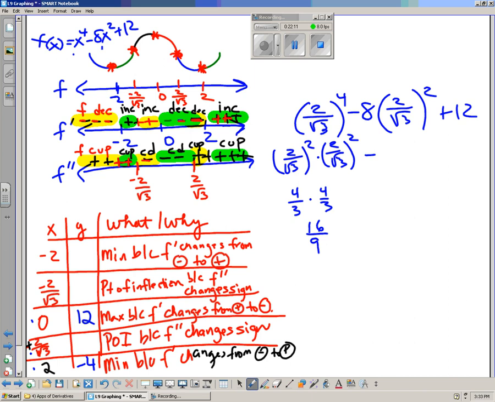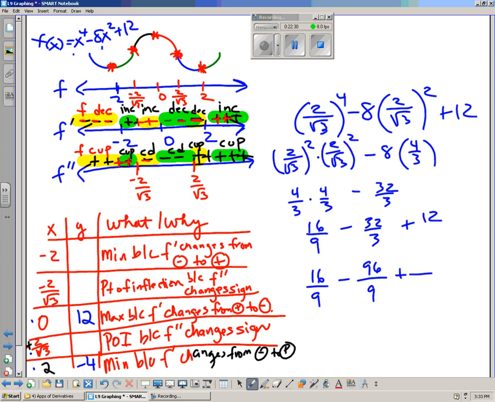2 over root 3 squared, we just did, is 4 over 3. So now we get minus 8 times 4 over 3, which is 32 over 3, plus 12. If I want to make this into one fraction, I would like my denominator to be ninths. So I'll multiply 32 times 3, which is 96 over 9, plus multiplying 12 by 9 is 108 over 9.